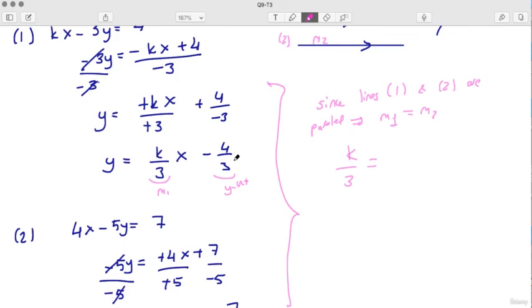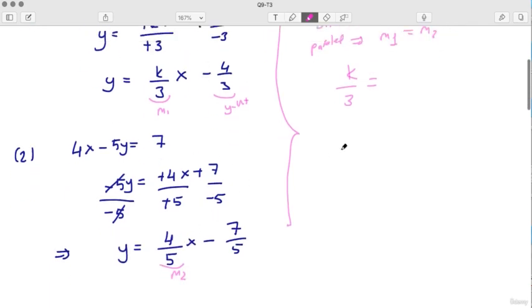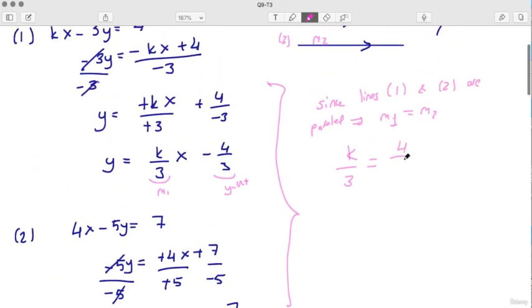What is m2? m2 is just 4 over 5. Now here is k and I'm trying to solve for it. All I have to do is get rid of this division by 3, so I'm going to multiply each side of the equation by 3. Multiplying this side by 3, I get k.